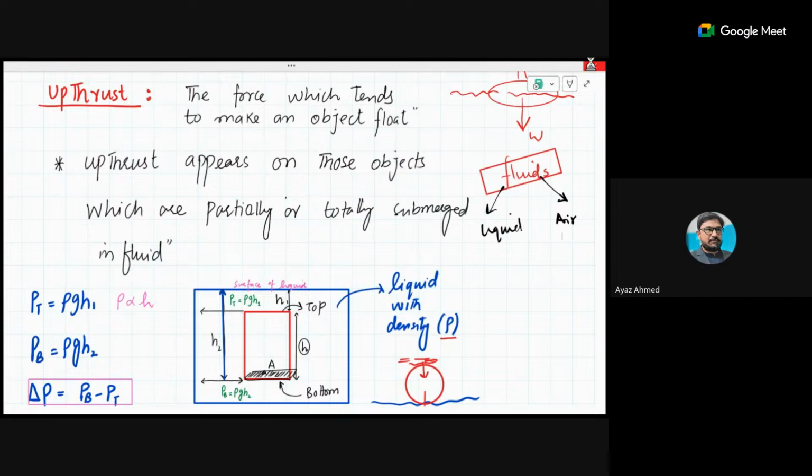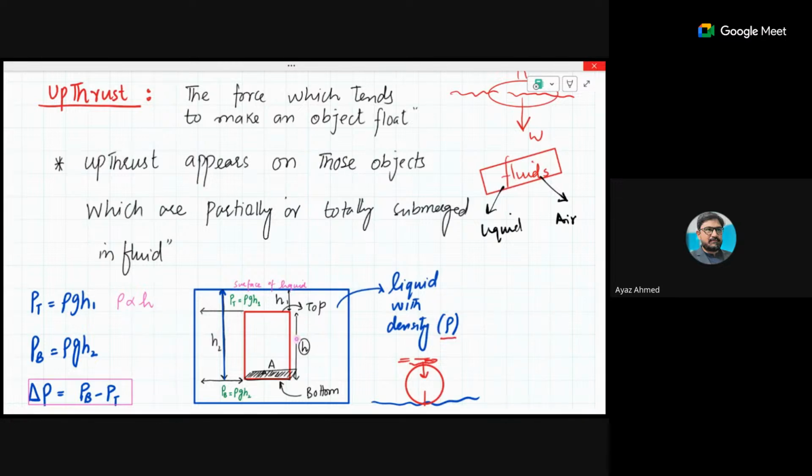So if the object is submerged in a liquid, and that object has some volume, and it is submerged in a liquid whose density is rho. I have mentioned all these points here. The density of the liquid is rho, and the height of the object is h.